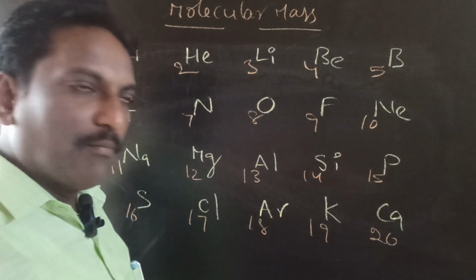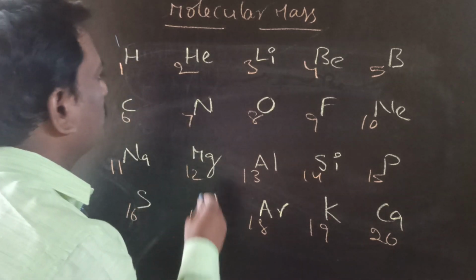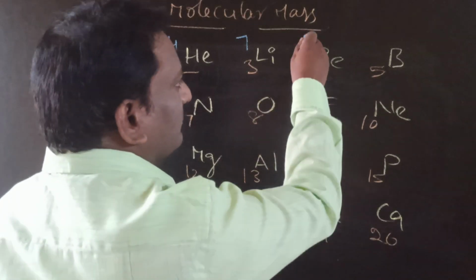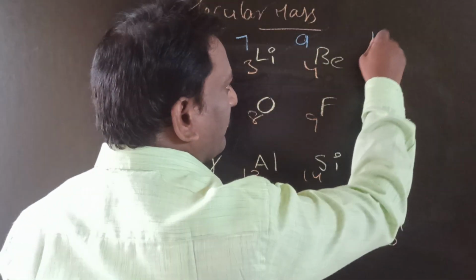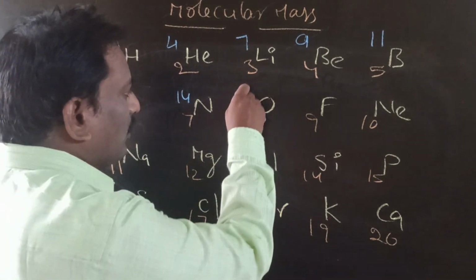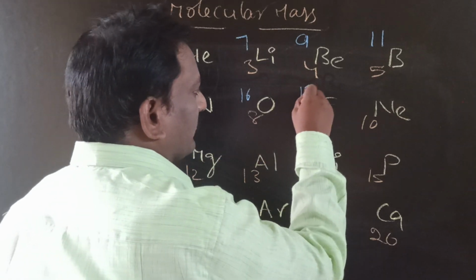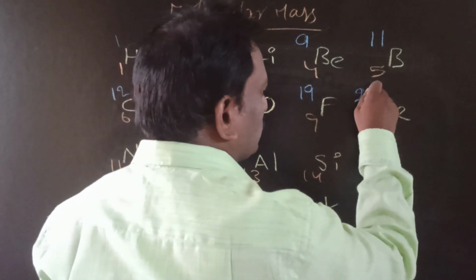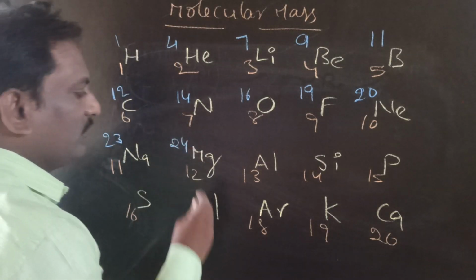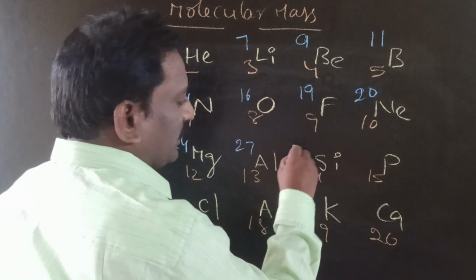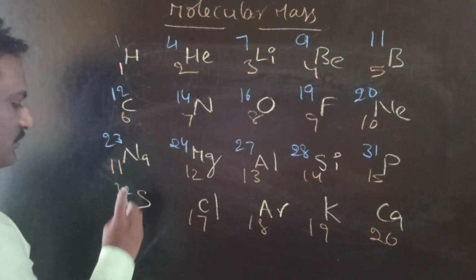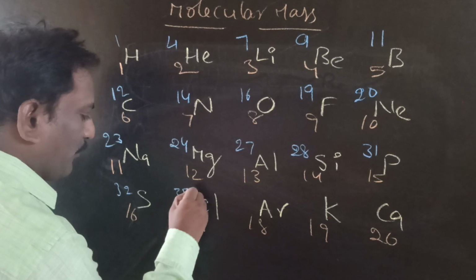Hydrogen atomic number 1, mass number also 1. Helium 2, 4; lithium 3, 7; beryllium 9 atomic mass; boron 11; carbon 12; nitrogen 14; oxygen 16; fluorine 19; neon 20; sodium 23; magnesium 24; aluminum 27; silicon 28; phosphorus 31; sulfur 32; chlorine 35.5.